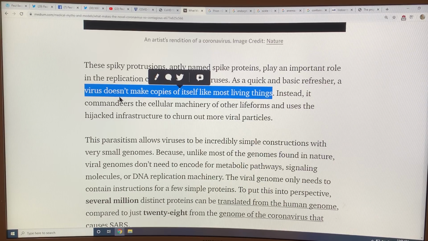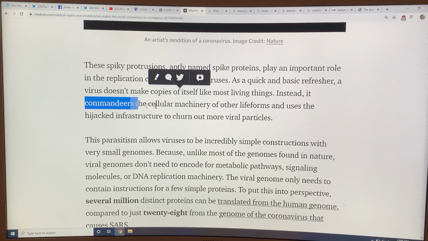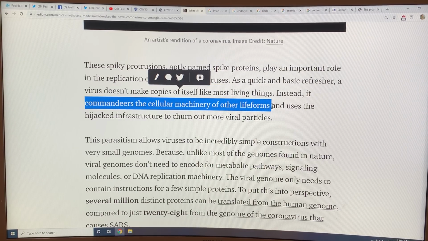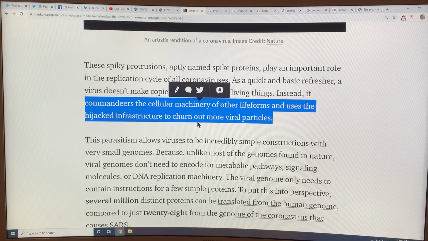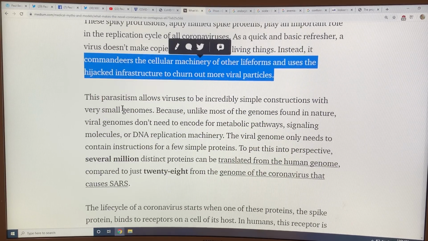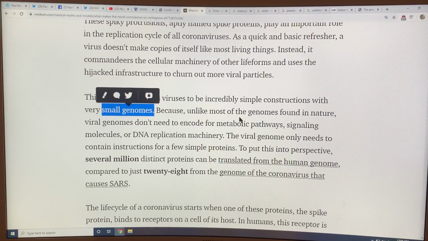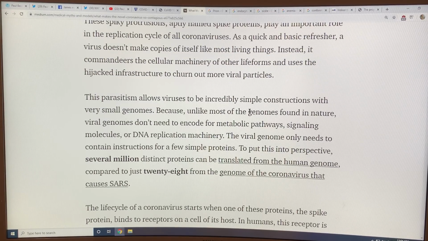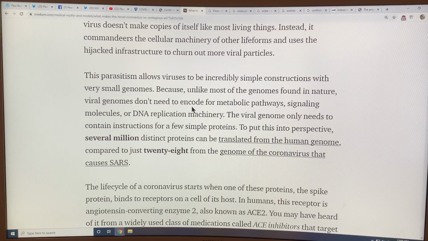Now, viruses don't make copies of themselves like most living things, and they're not living. It's this collection of things I just discussed. But it takes over the cellular machinery of other life forms and hijacks the infrastructure to replicate itself. It has a very small genome, so the number of gene pairs is very small.